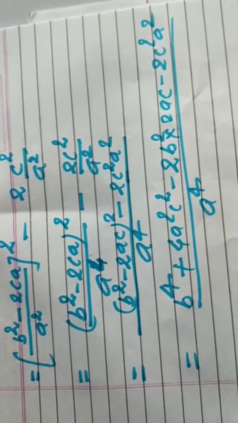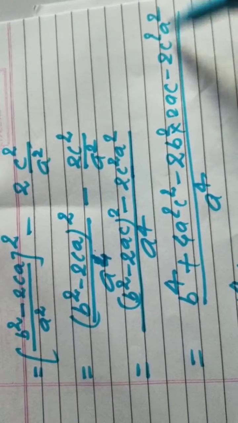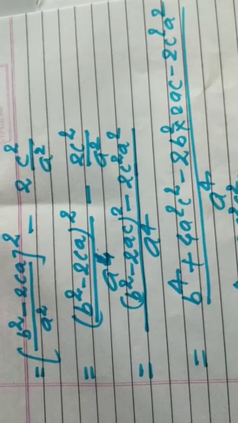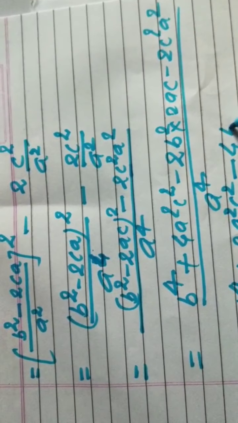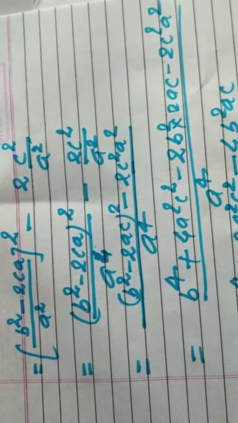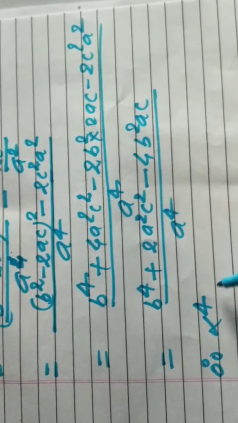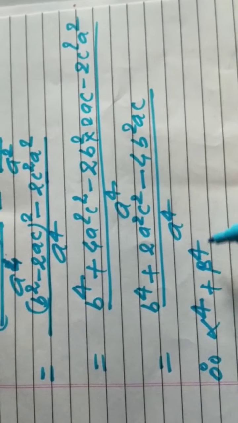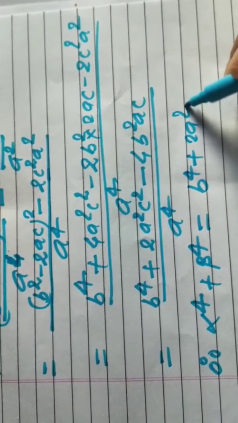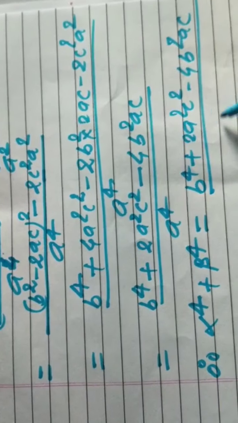So it will be equal to b power 4 plus 4a square c square minus 2a square c square will be 2a square c square minus 2 to the 4 b square ac upon a power 4, and this is the value of alpha power 4 plus beta power 4 will be equal to b power 4 plus 2a square c square minus 4b square ac upon a power 4.